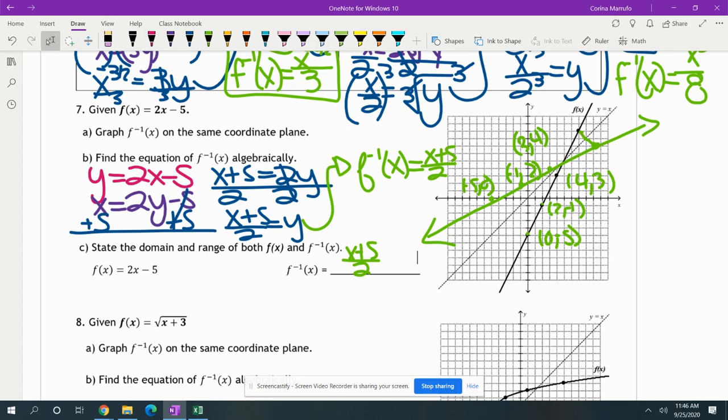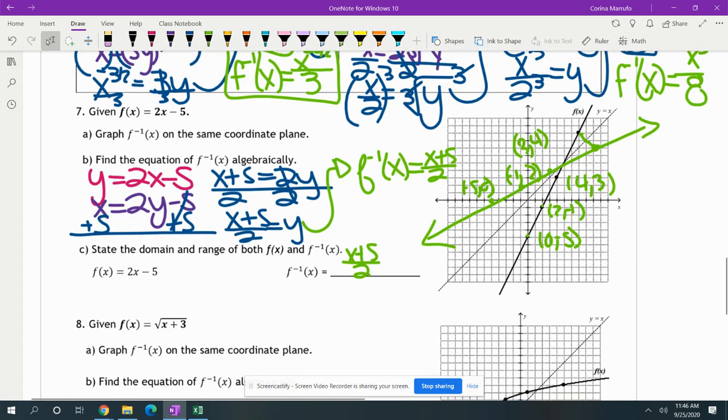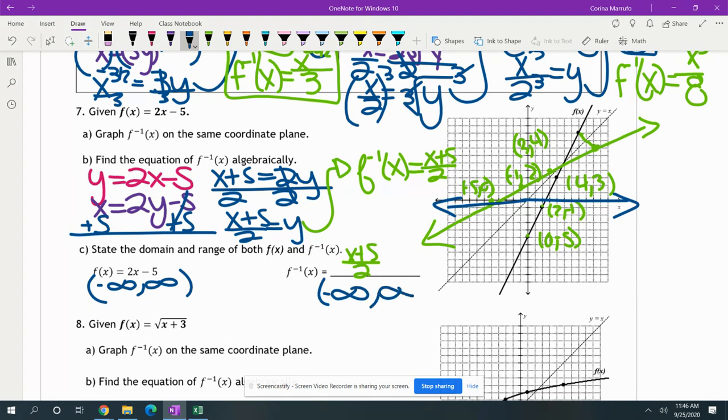All right. It does want us to state the domain and the range. So the domain for both functions, you can see that they both spread apart in both directions. So our domain for both of them is going to be from -infinity to +infinity, and so will this one, -infinity to +infinity.